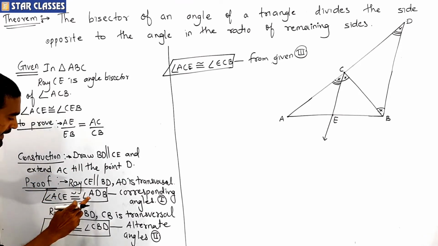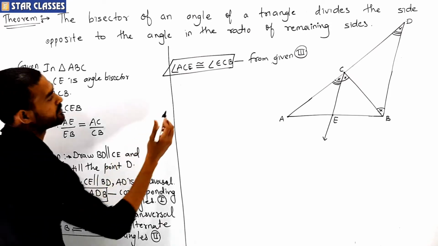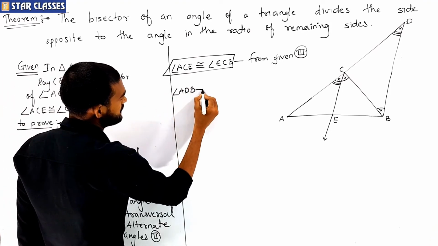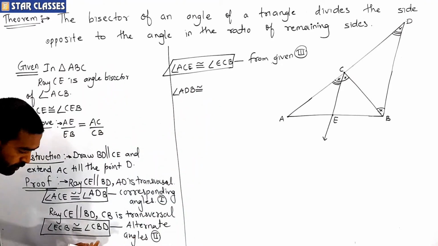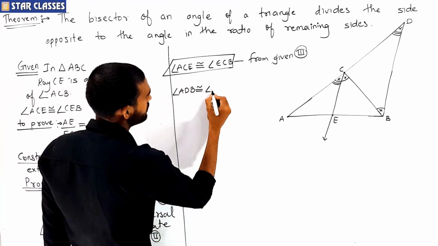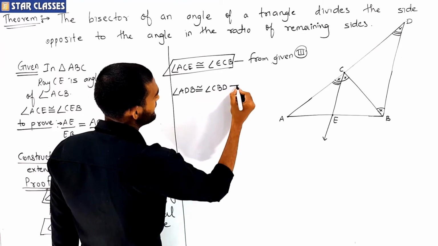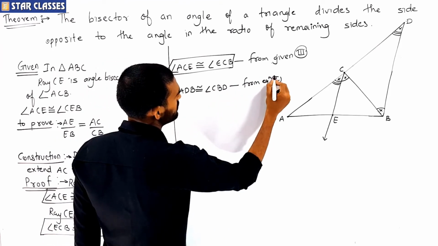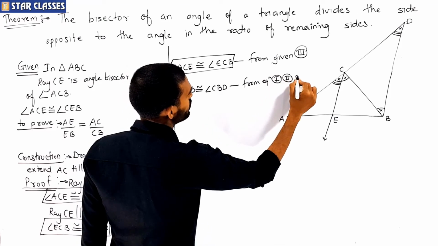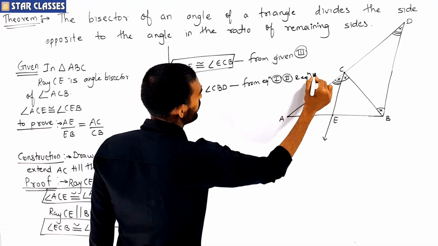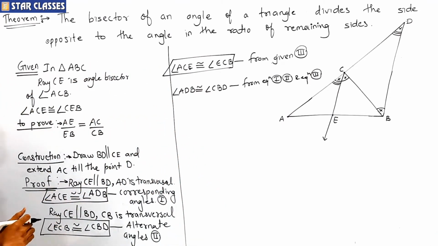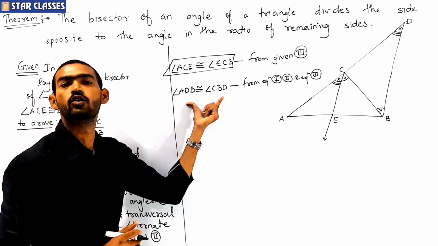Now we can say angle ADB is congruent to angle CBD. Reason: from equation 1, 2 and equation 3. Clear, students?